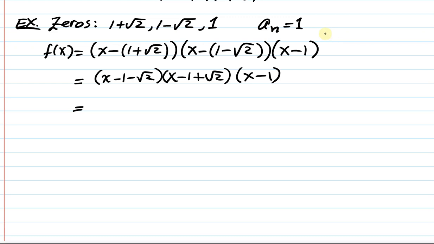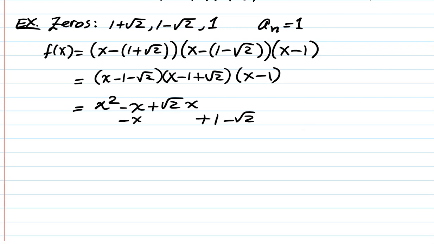X times x is the first term, x squared, minus x plus root 2x. Distribute negative 1, so I get negative x plus 1 minus root 2. Notice how I'm doing this in columns.